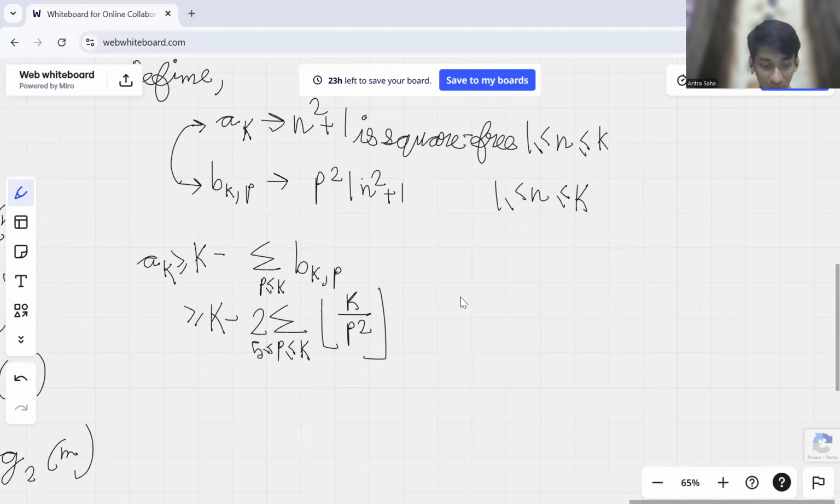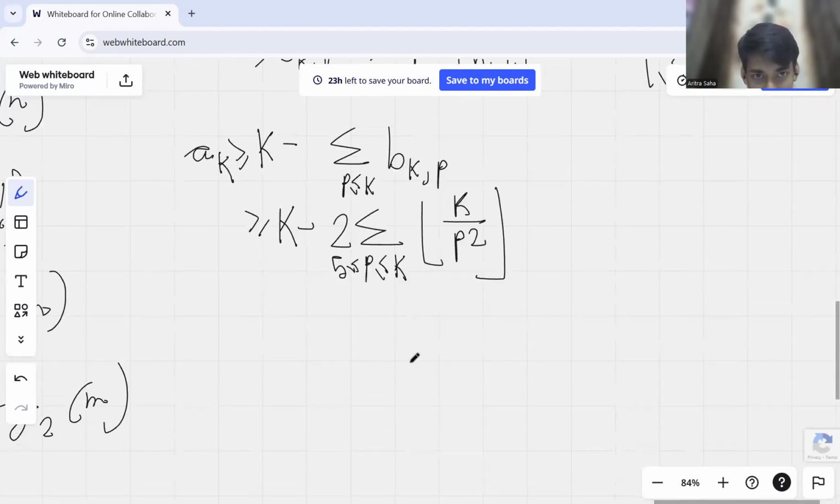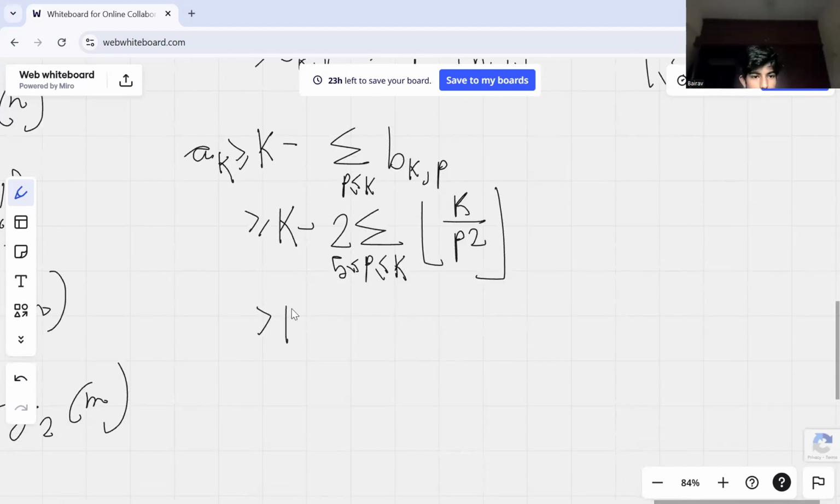Okay. Now how to count this thing? More inequalities. Okay. Bound this by, well, that summation is going to be at most 2 times pi squared by 6 minus the first few terms: pi squared by 6 minus 1 by 4 minus 1 by 9 minus 1 by 16.